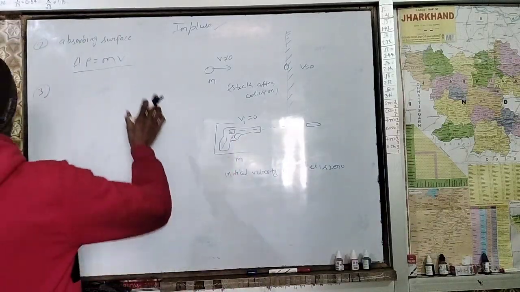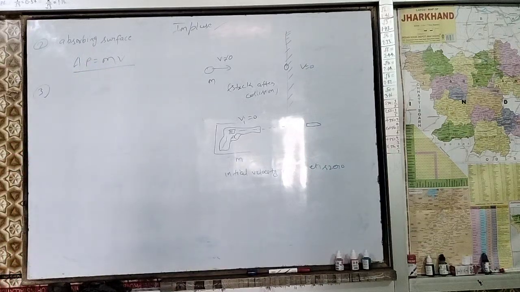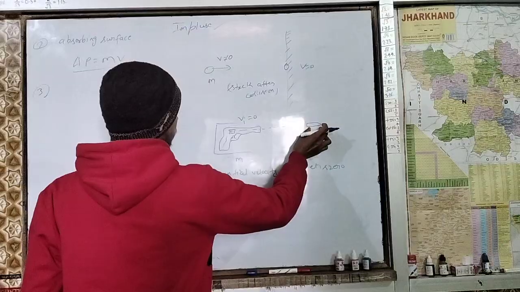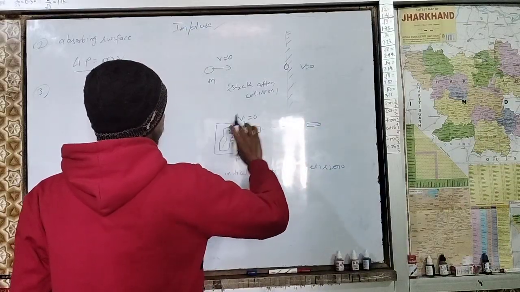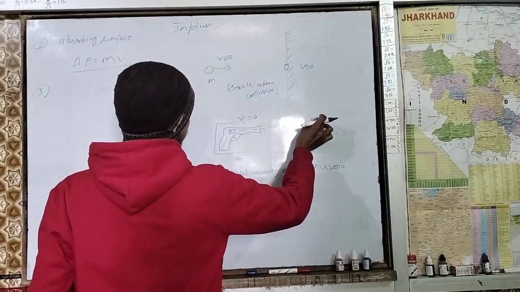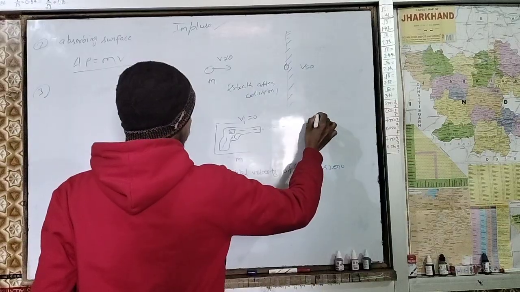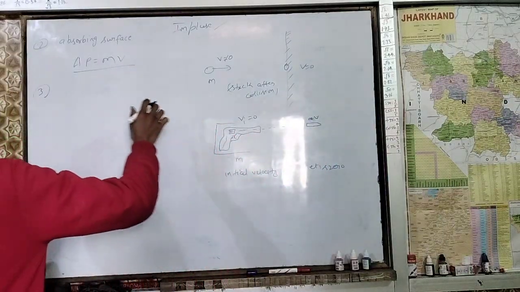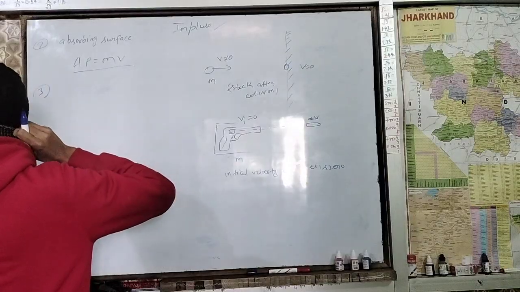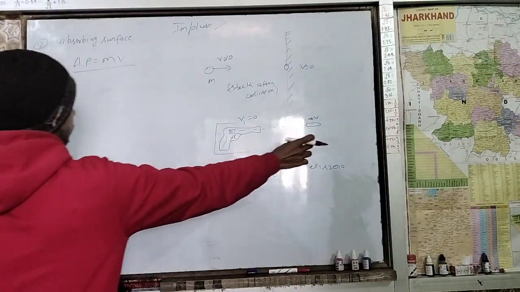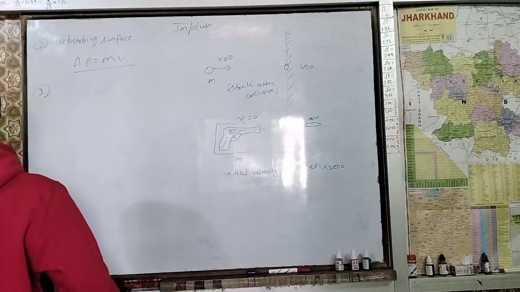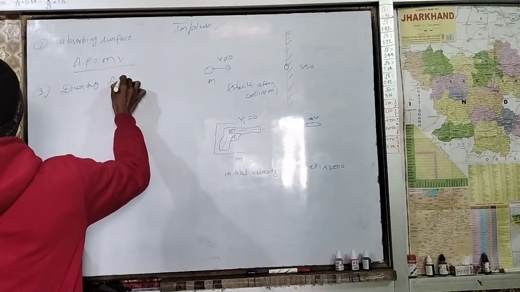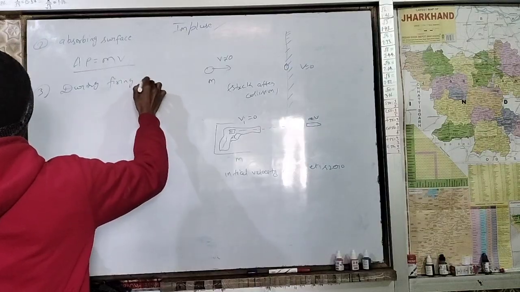Now our focus is on the total change in momentum. This is also mass, but we are talking about this mass. Over here, m multiplied by v will give us the total change. We will get the total change in momentum from this mv during the firing of a bullet.